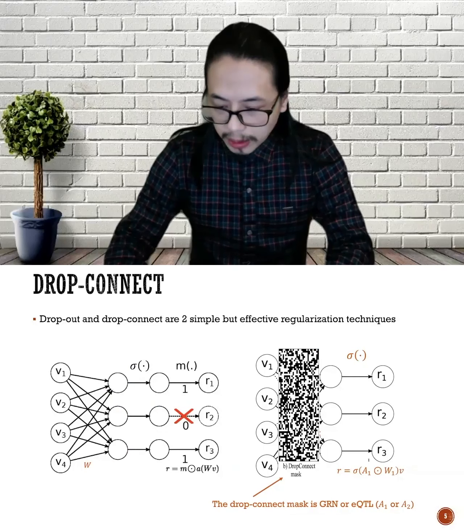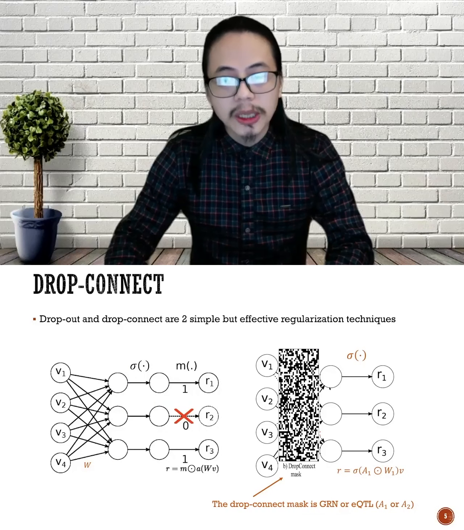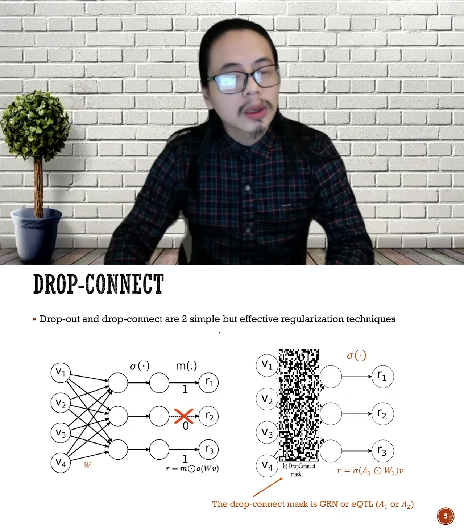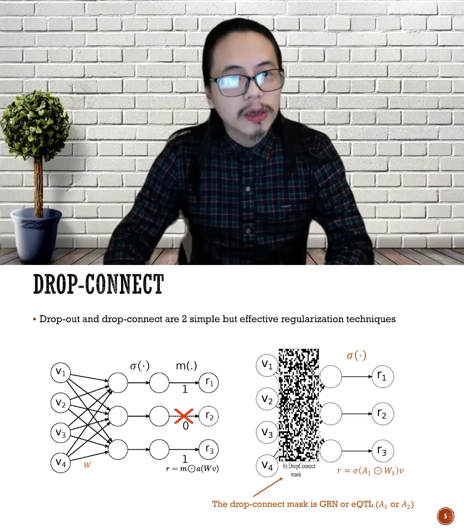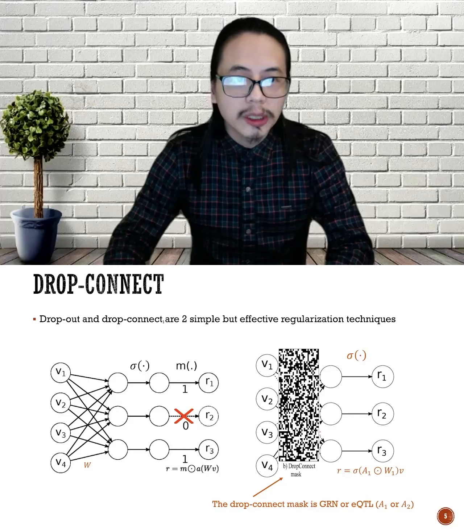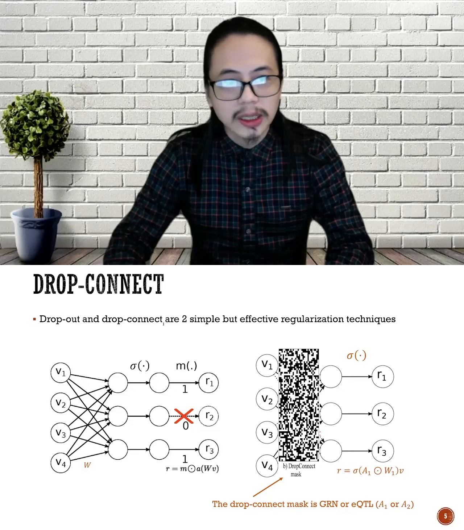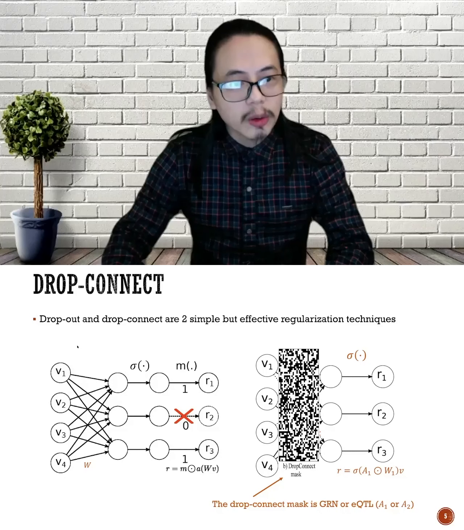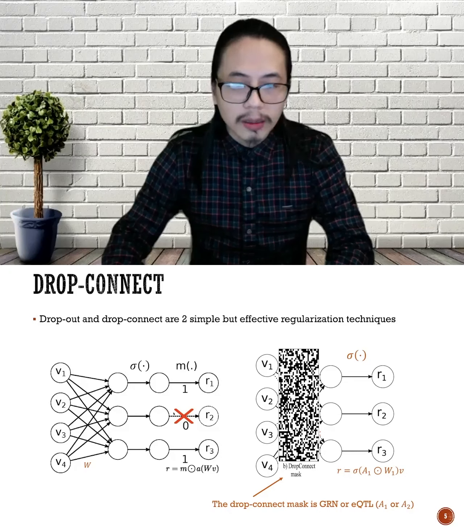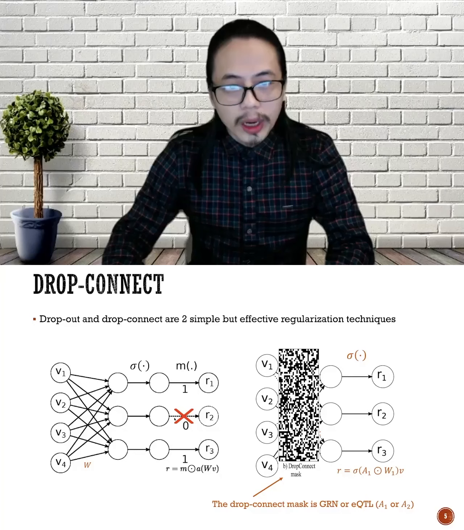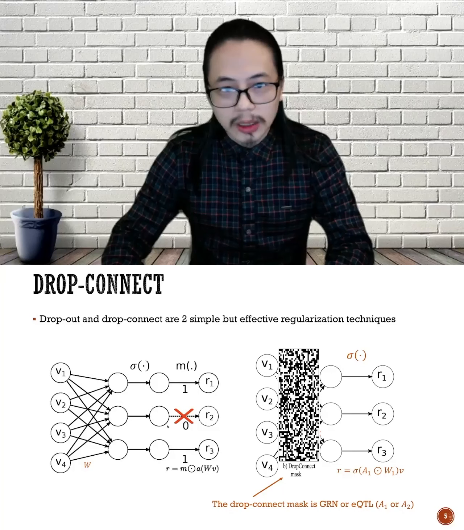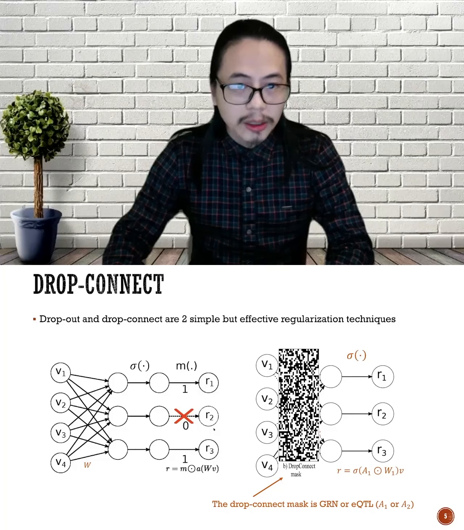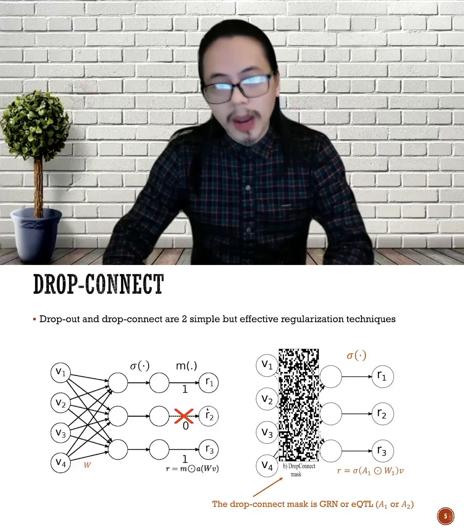So how did we embed the prior knowledge of gene networks into the architecture? We are inspired by drop connect regularization, which is a regularization technique similar to dropout. So in training a neural network, if we drop out some hidden nodes like this randomly in training, it's called dropout.